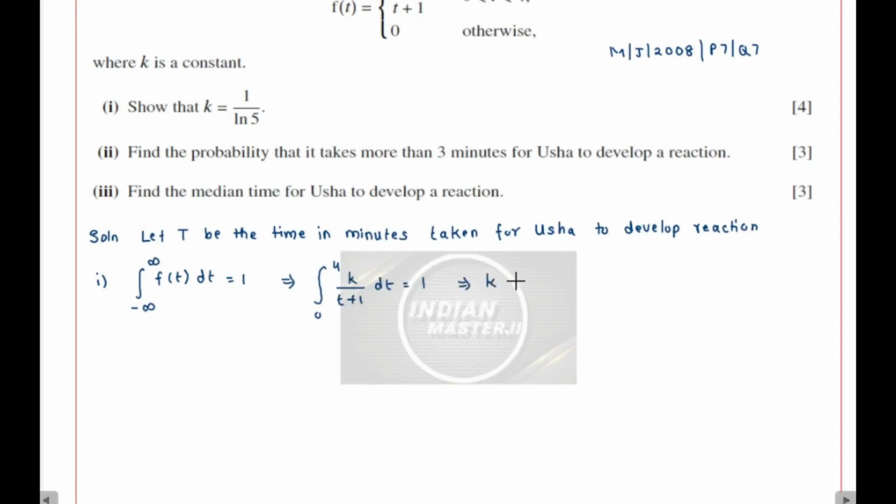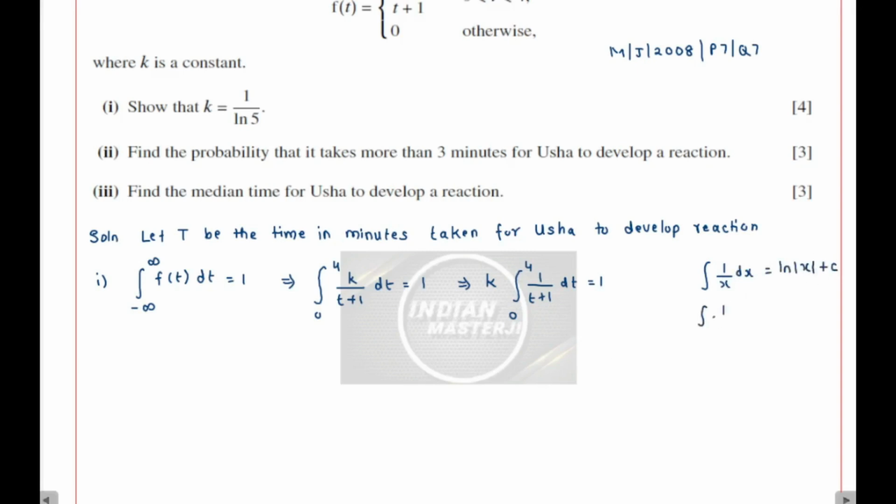So this k I can take outside. I have to integrate 1 upon t plus 1 with respect to dt when t is varying from 0 to 4. Now you might have studied in pure maths 3 that integration of 1 upon x with respect to x is equal to ln of mod of x plus c.